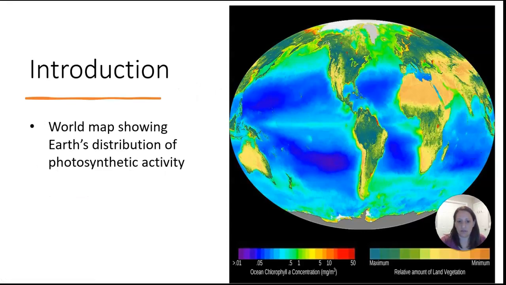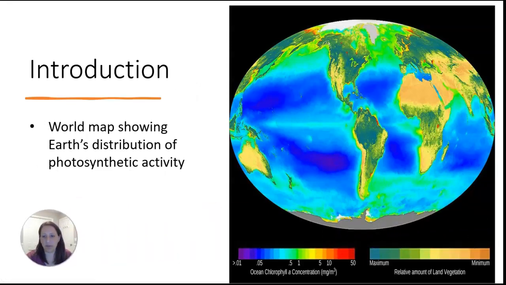So on this first slide here, this is a map of Earth, and it is showing the Earth's distribution of photosynthetic activity. And so in the ocean, in aquatic environments, we look to the left here at this scale, and this shows ocean chlorophyll A concentration.